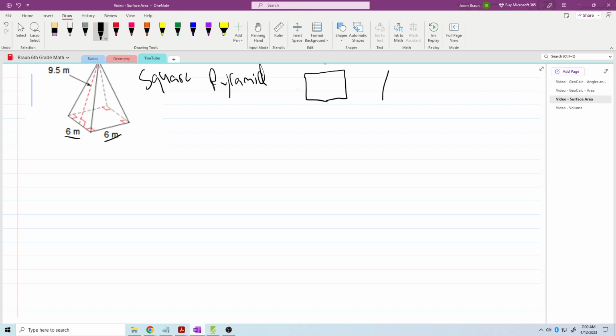And pyramids, all the sides are always triangular. That's just the nature of a pyramid. All right, so I got 1, 2, 3, 4. There you go.